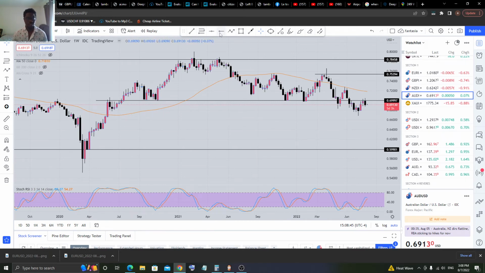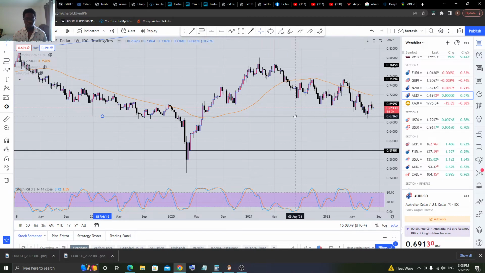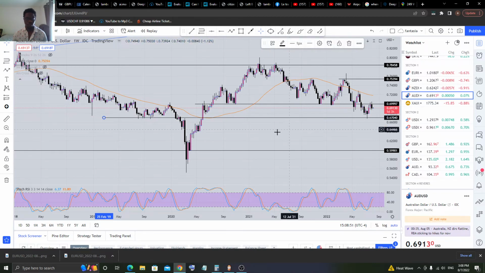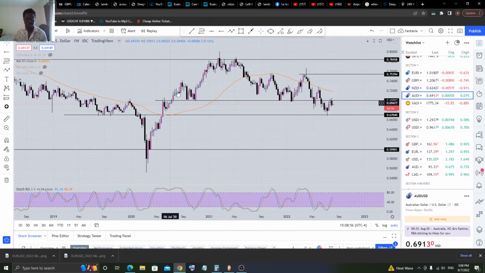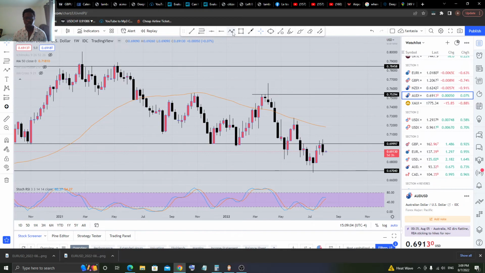So as you guys can see, look at this different level, guys. Price was holding this level, okay? Price bought from here and then came down, made a double top. Look, even this is a kind of double top.